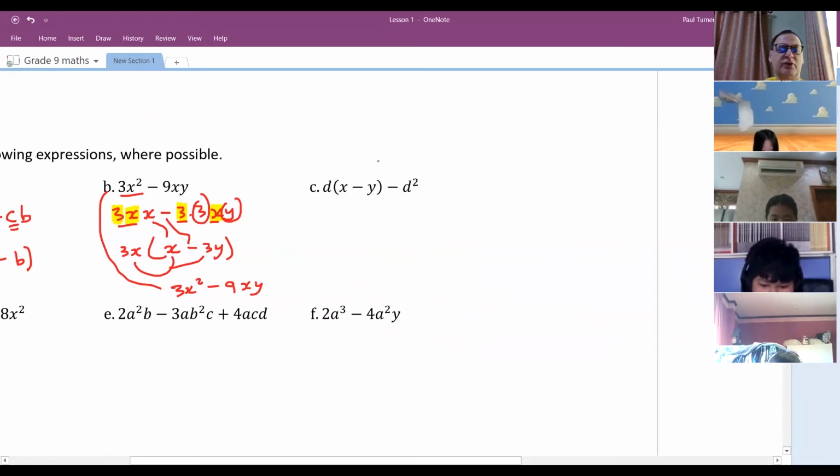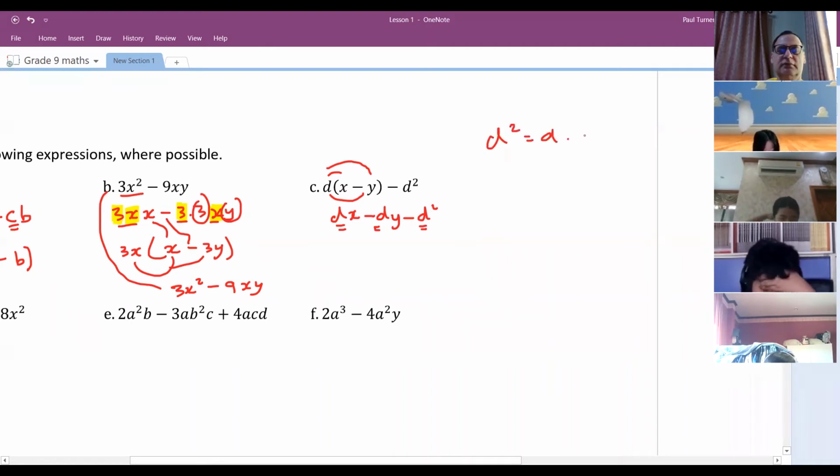Okay. How about this one? There's a couple of ways to do this. Probably the easiest way at the start is just to multiply out your bracket first. So d times x, dx, d times minus y, minus dy, and then minus d squared. So if you look here, you're going to have a common factor d. This has 2 d's. D squared is d times d.